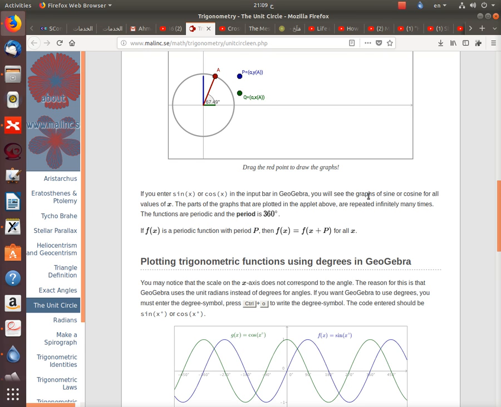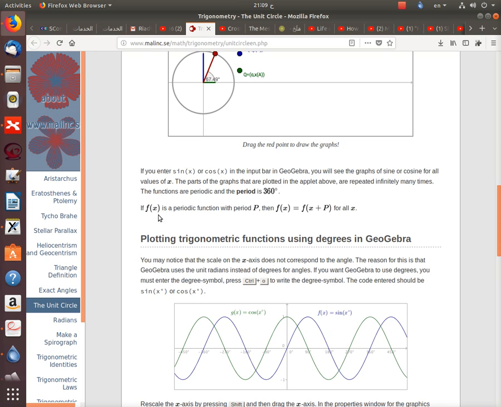You will see the graph of sine and cosine for all values of x. Okay? The parts of the graph that are plotted in the applet above are repeated infinitely many times. The functions are periodic and the period is 360, as I told you before. So you can get the sine and cosine for any angle.